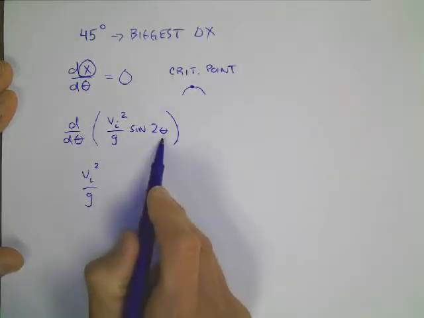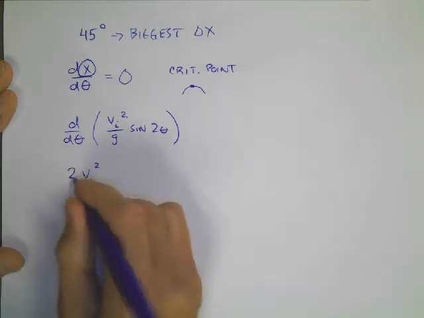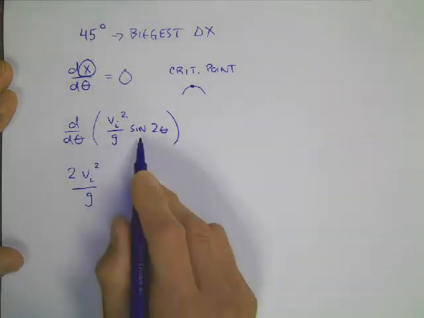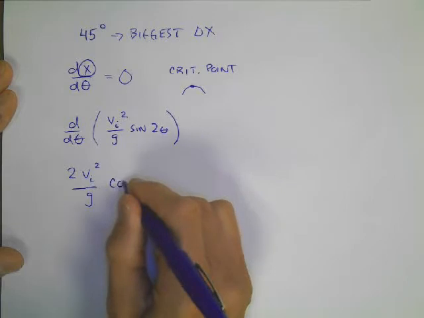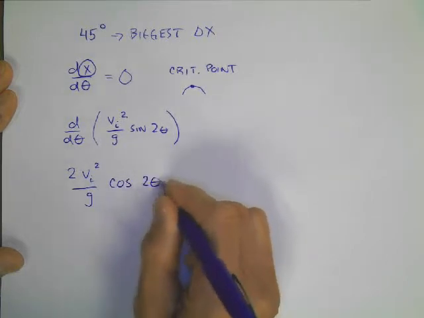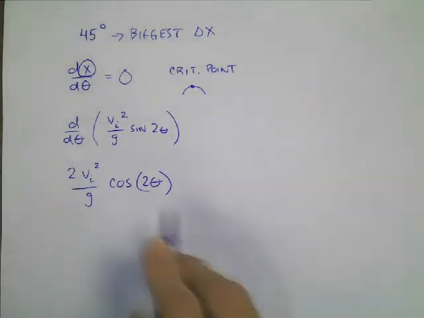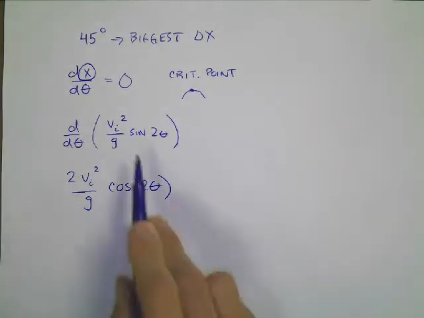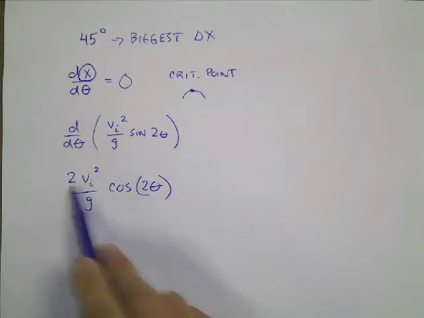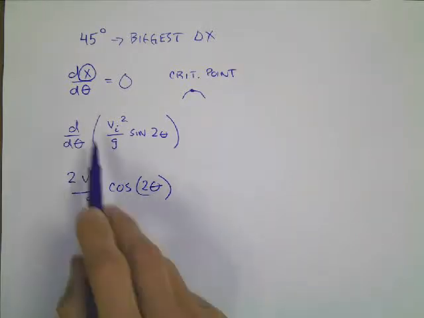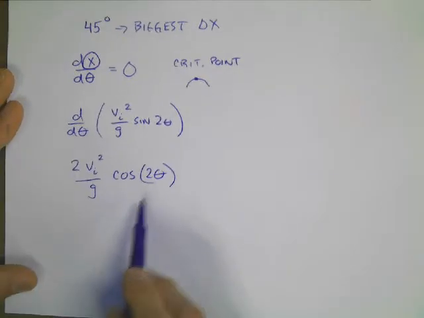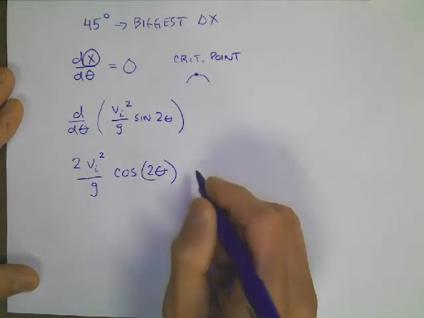When you take the derivative of the sine of 2 theta, the 2 is going to pop out, because the 2 is part of the argument, and the derivative of the sine is the cosine, and the argument never changes when you take the derivative in that way. So the derivative of the sine of 2 theta comes out to be 2 times the cosine of 2 theta. And so this whole expression becomes looking like that. So the question would be, when is that equal to 0?